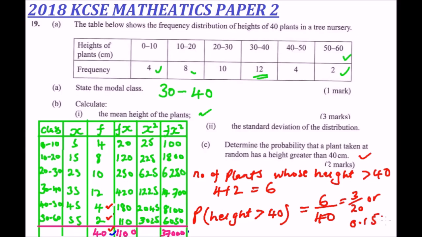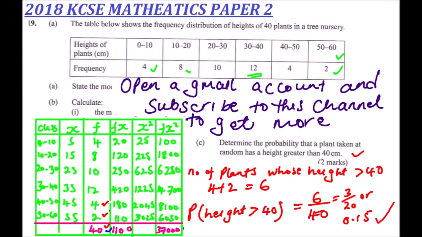So that is the probability that a plant has a height greater than 40. And that brings us to the end of that question. So that's how you handle that kind of a question on statistics.